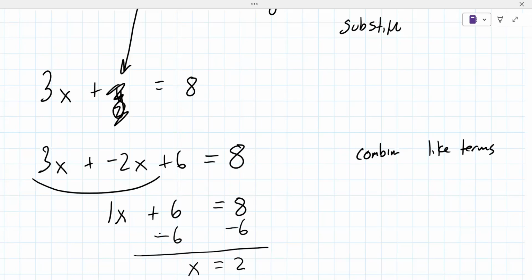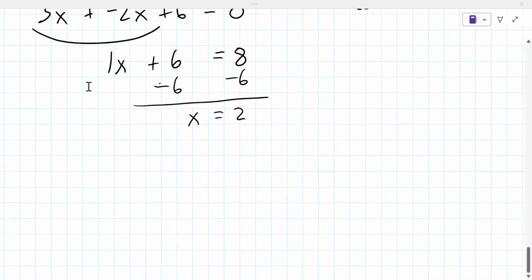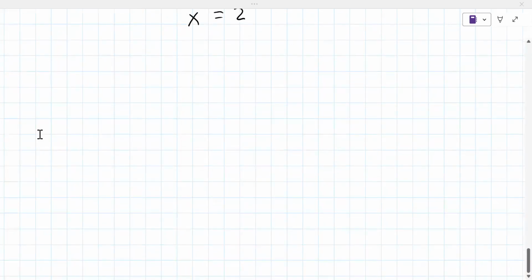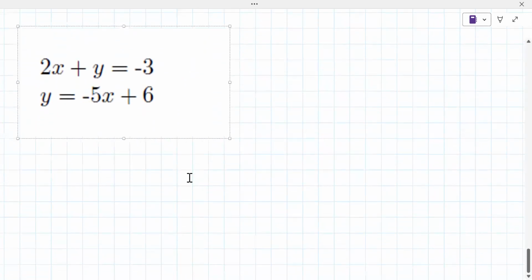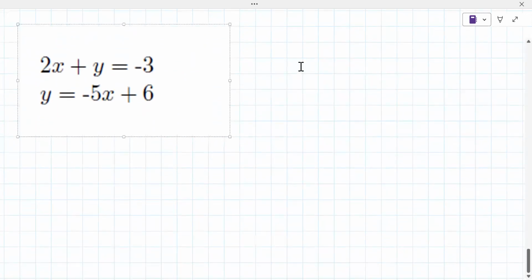Okay, so let's look at another problem here. This is very similar to the one we just did. See how the second equation is already solved for y?